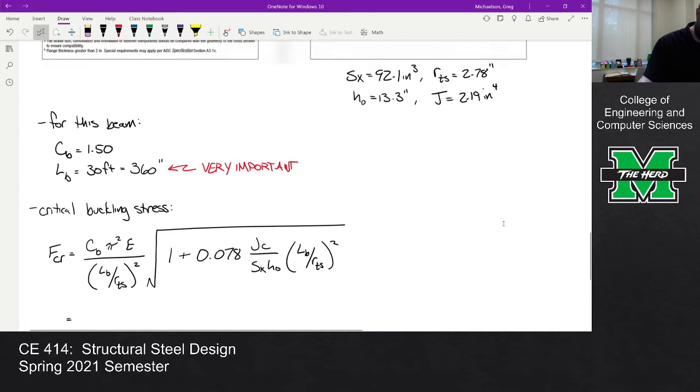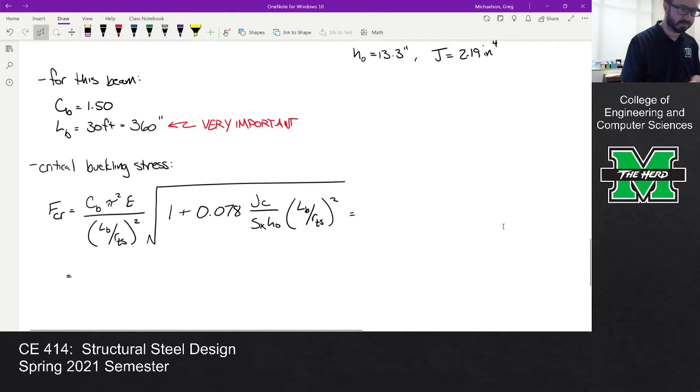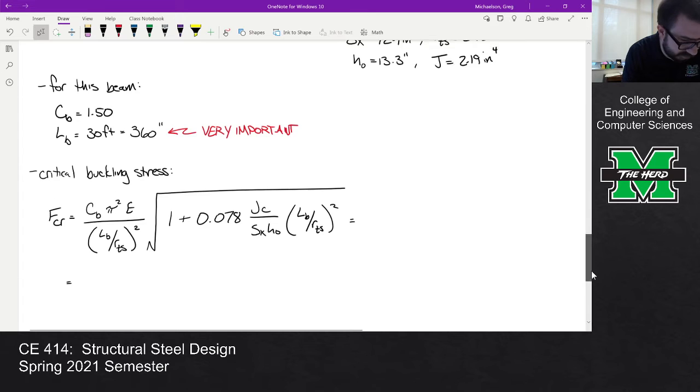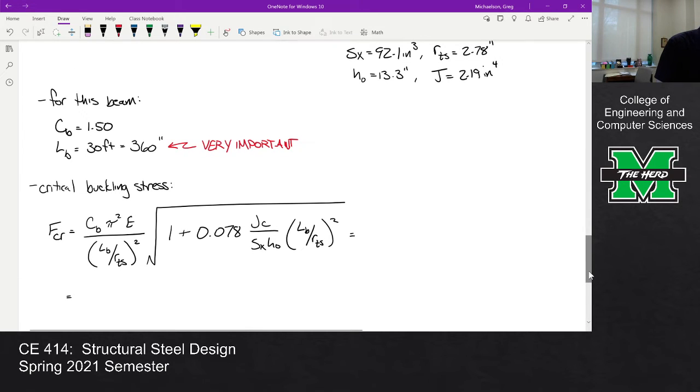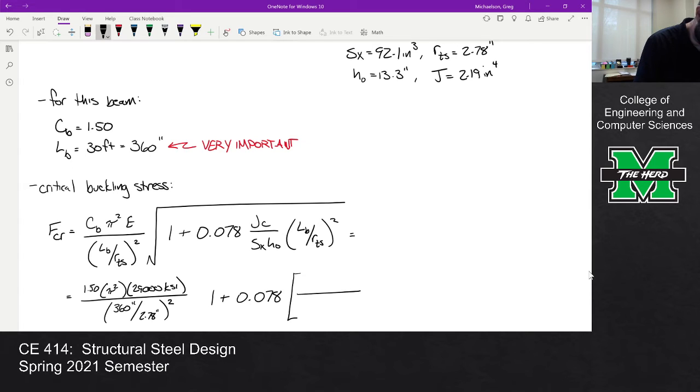Let me see if I can put it over here, so I can see my section properties. So we have 1.5 pi squared, 29,000 KSI, times 360 inches over 2.78 inches squared, and then 1 plus 0.078 times 2.19 inches to the fourth.